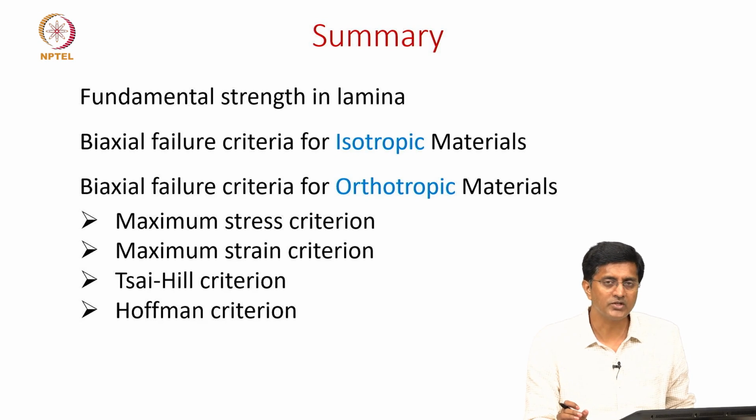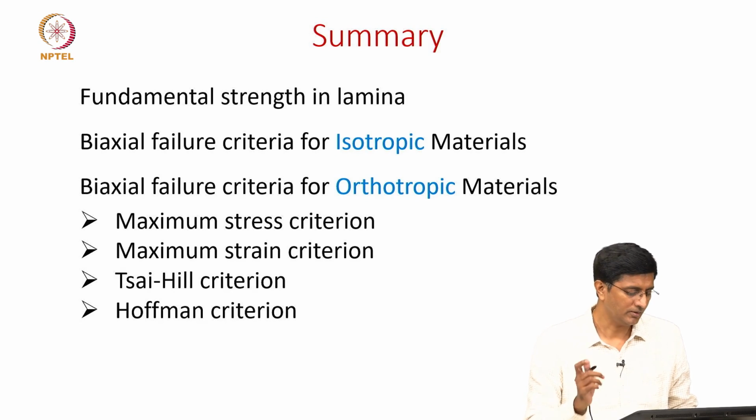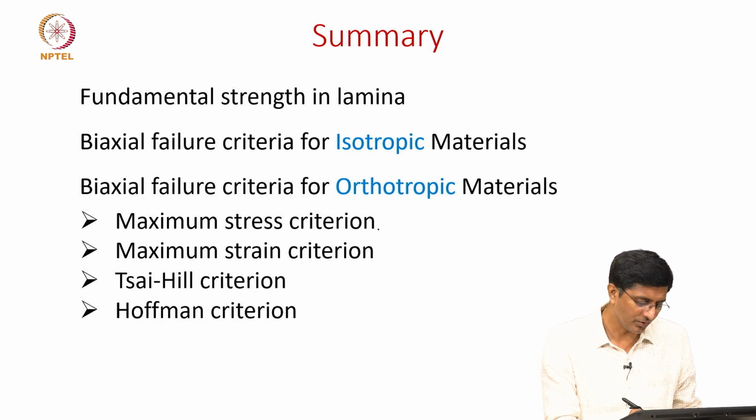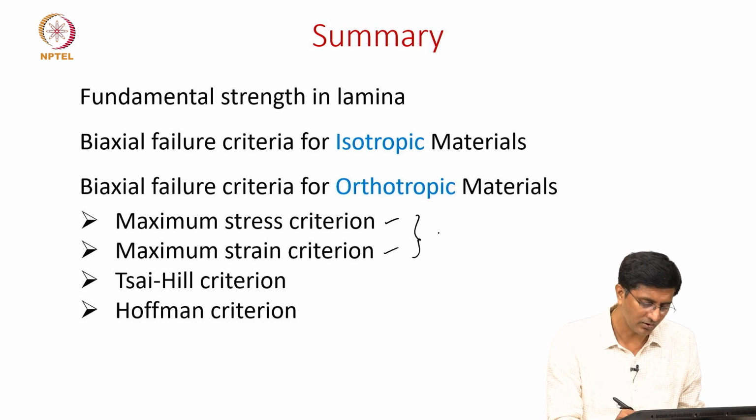Now let's summarize what we have discussed about the failure of a lamina. So we have looked at four different failure criteria. We started with the maximum stress and maximum strain, where there are no interactions between different strengths.